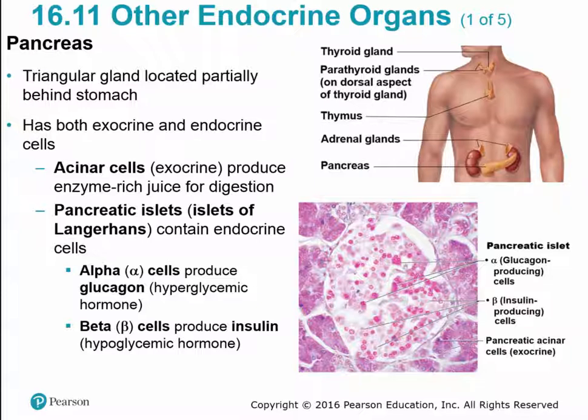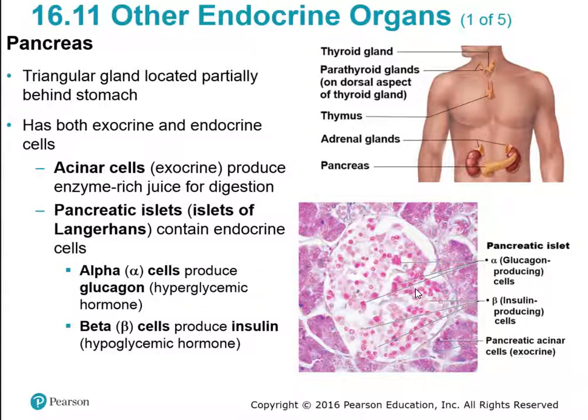The endocrine portion is the pancreatic islets, sometimes called the islets of Langerhans. There are two types of endocrine cells that secrete two different hormones. The alpha cells, which are the darker pink ones here, produce glucagon. The beta cells, the lighter pinkish purplish ones, produce insulin.